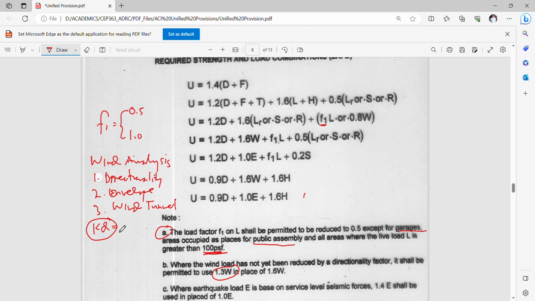Okay, so normally this KD is 0.85 to 1.0 depending upon the nature of your loads.